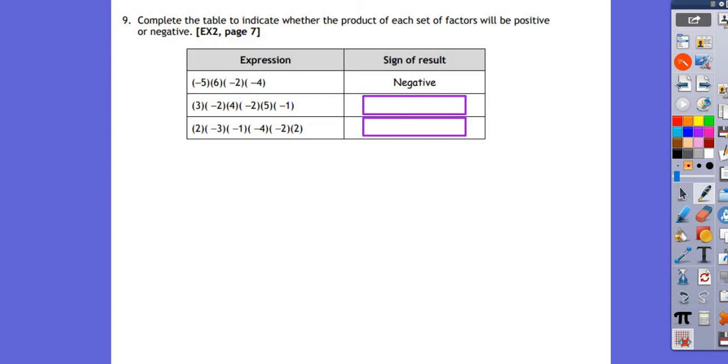How many negatives are listed in the next one? 3. Odd, so my answer is negative. How many negatives are listed in the last one? 4. So my answer is positive because 4 is even.